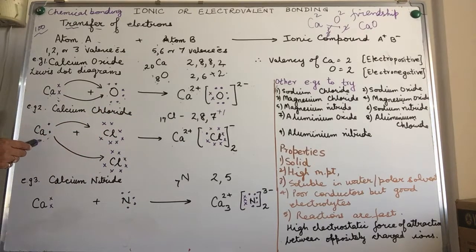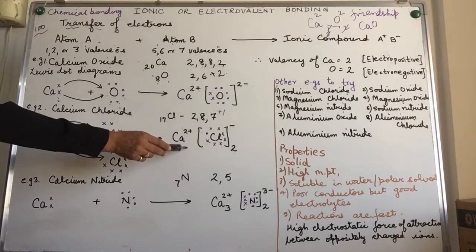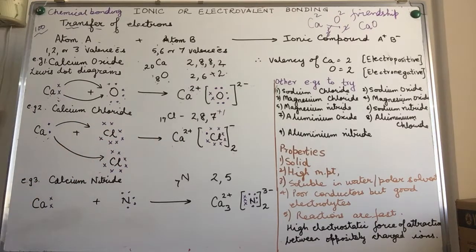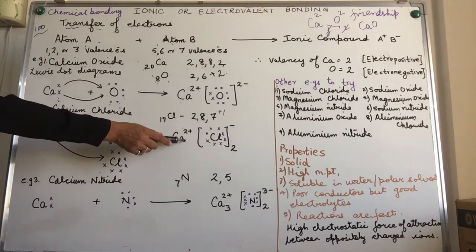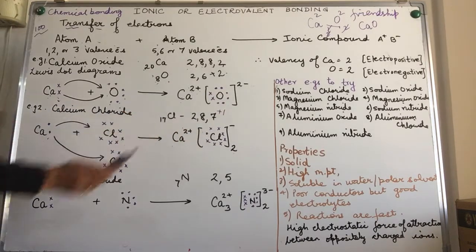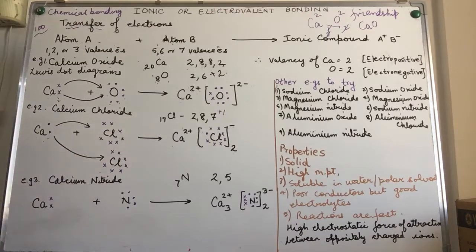Calcium, only 1 atom is involved, so we don't put the number 1. As you know, in algebra also, we don't say 1x, 1y. We just say x, y, indicating that it is just 1 calcium but 2 chlorine atoms involved. That is why the calcium chloride formula becomes CaCl2. The valency of chloride is 1, valency of calcium is 2.